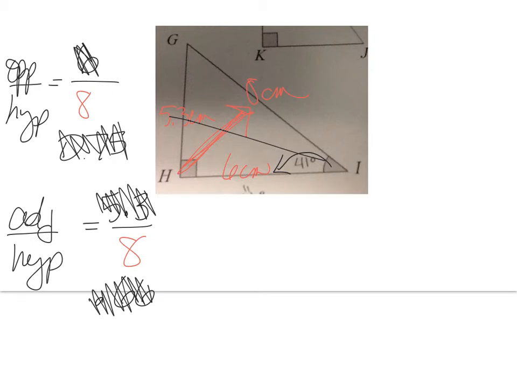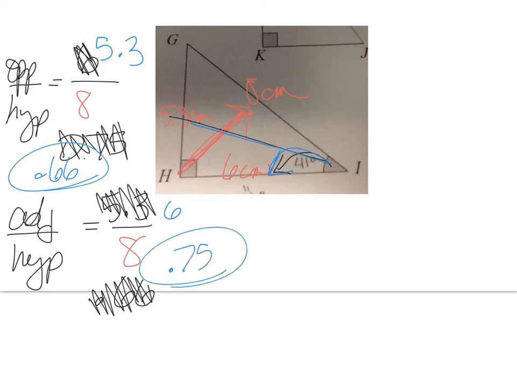Let's try again, this time in blue. We're at angle 41, so opposite is 5.3 and adjacent is 6. So 5.3 over 8 is 0.66, and 6 over 8 is 0.75. Sorry about that. Glad I caught it.